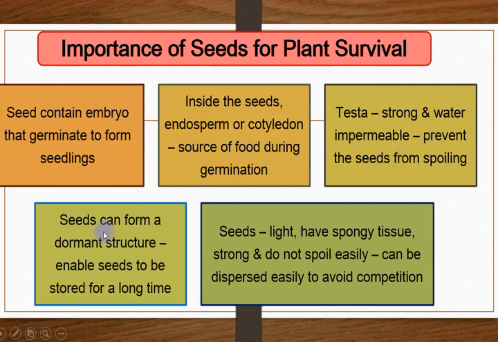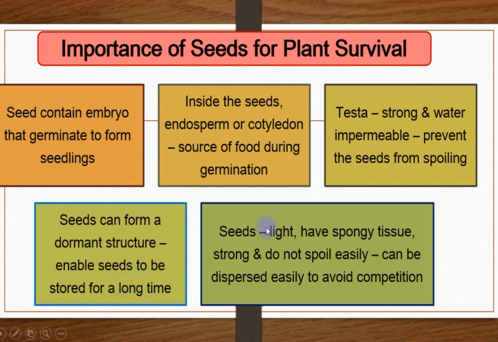The seed can form a dormant structure during unfavorable conditions, semasa keadaan yang tidak sesuai. So it enables the seeds to be stored for a long time, and it can delay germination for months and also for years.